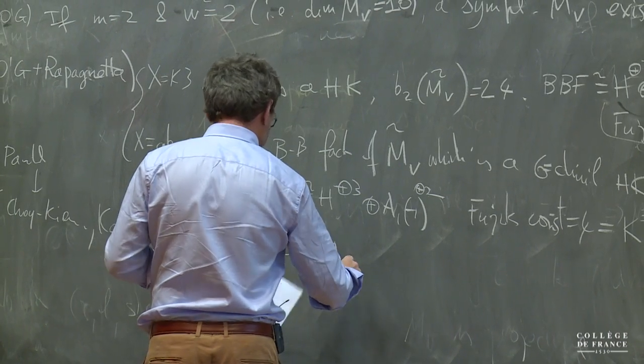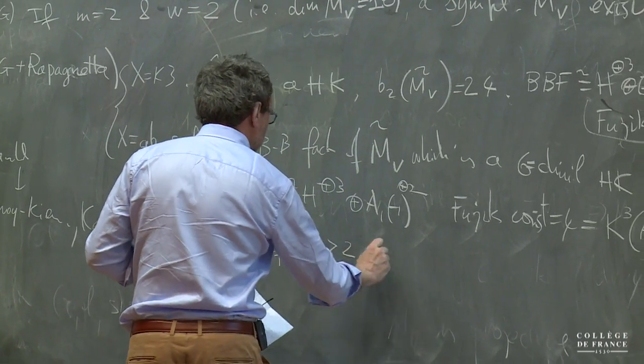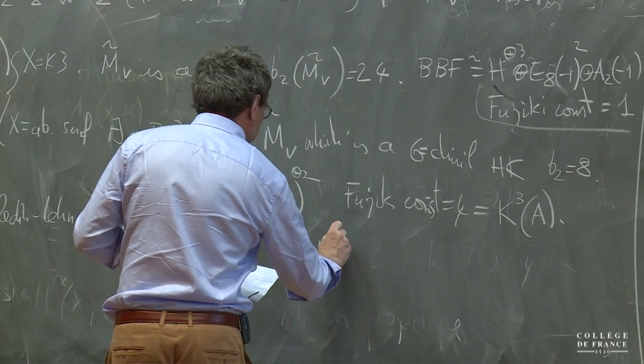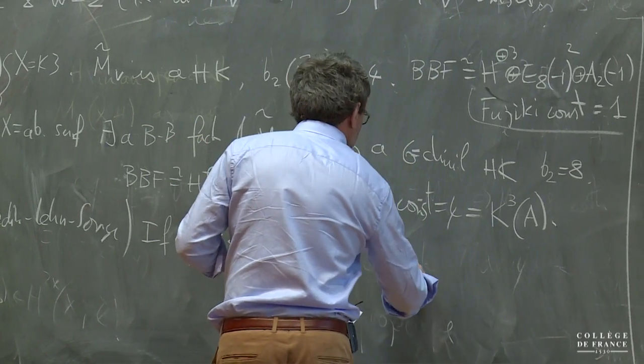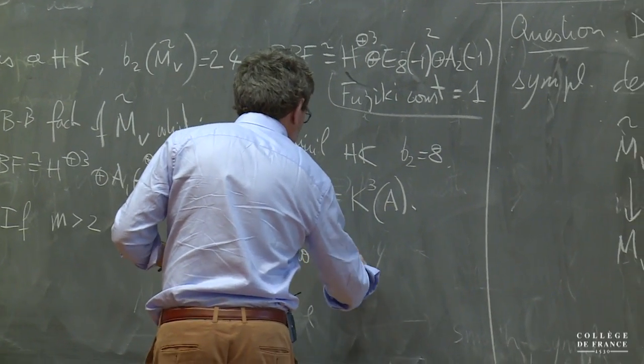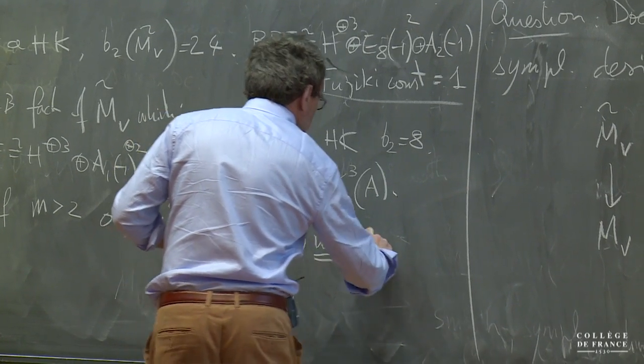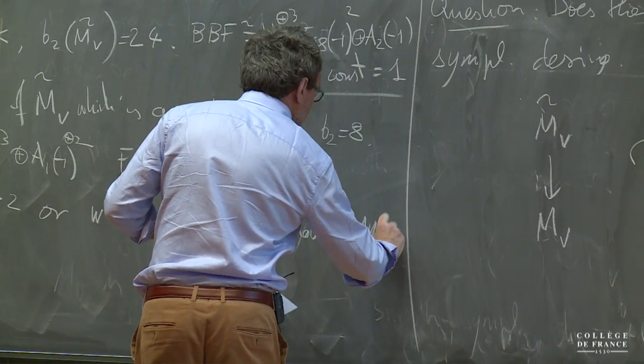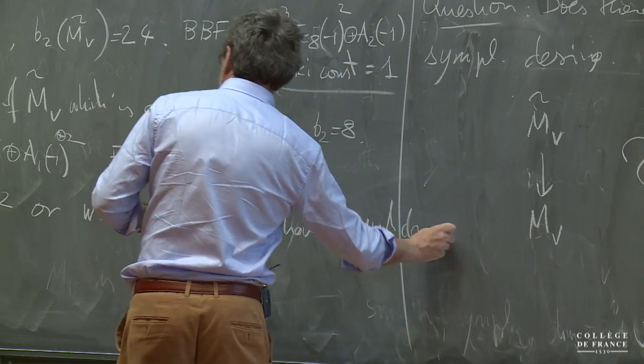If M is bigger than 2, or W squared is bigger than 2, MV does not have a symplectic desingularization.